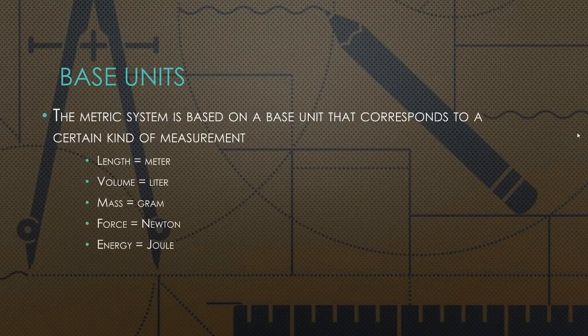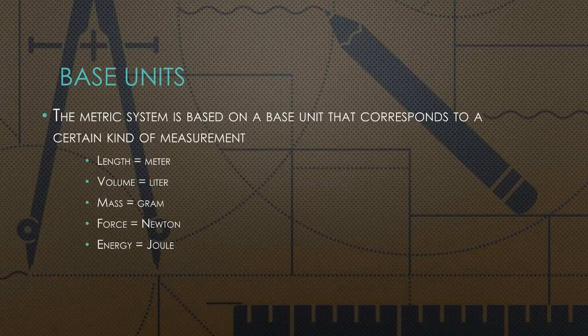The cool thing about it is that, unlike my example with the imperial system, where you have inches and feet and yards and miles, the base word for a unit stays constant. So, for instance, length is always the meter, volume is a liter, mass is going to be a gram.